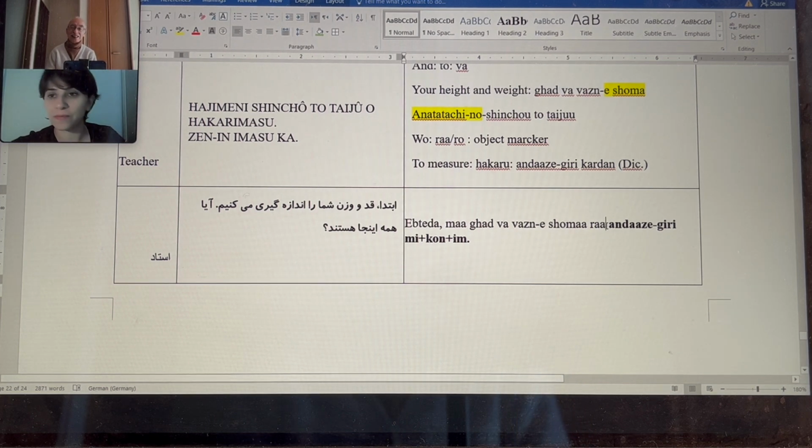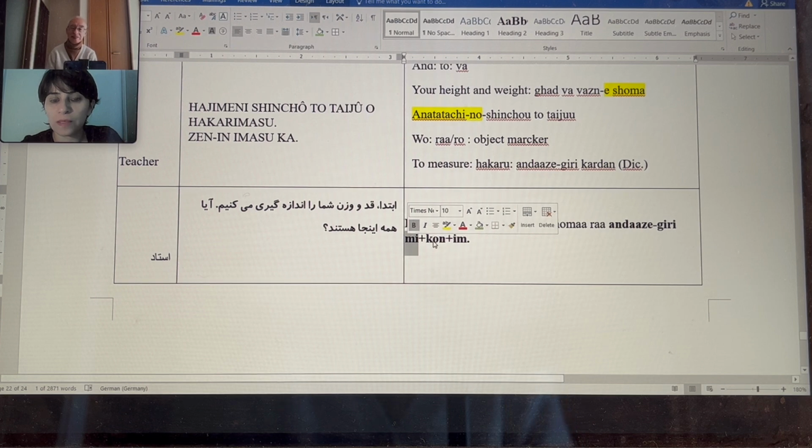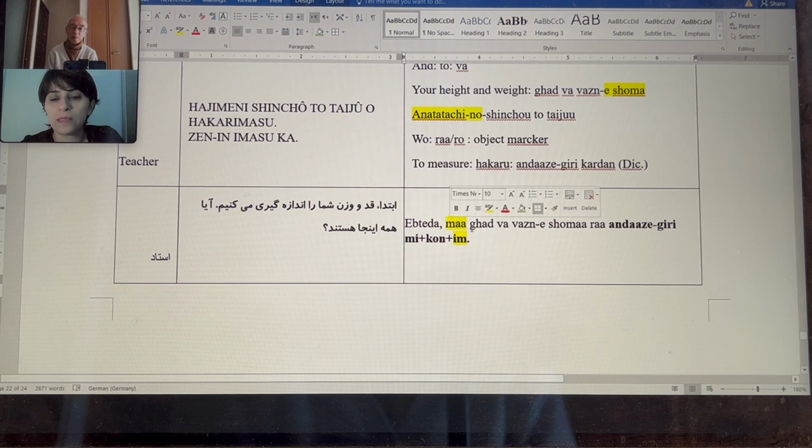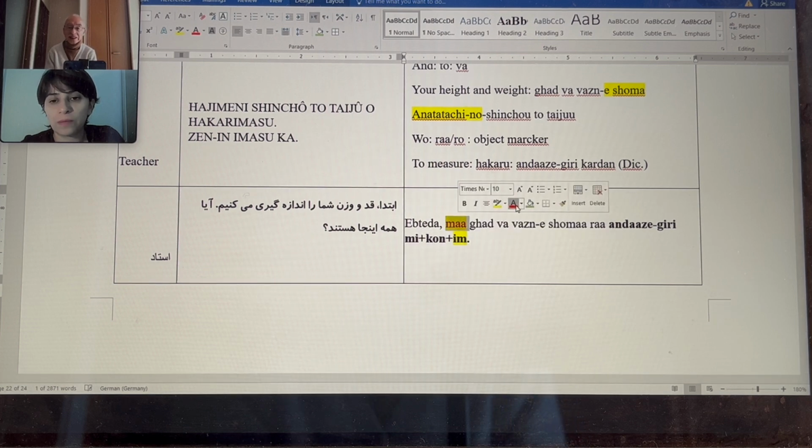Past tense is different. So this is the present tense, mikonim. Kon is the present stem, and the im basically is equal to ma. So if you don't say ma, it is okay. Everybody will understand that this is the first person plural. So you can drop it.